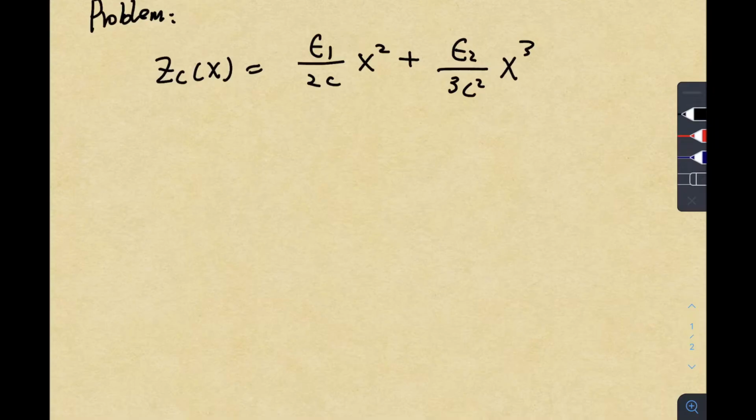And now, how can we get the lift coefficient as a function of alpha, epsilon 1, and epsilon 2? Right now you can think about epsilon 1 and epsilon 2 as design parameters. So if you want to design a certain specific lift coefficient, then maybe you can tune epsilon 1 or epsilon 2 to achieve some desired performance that you want.